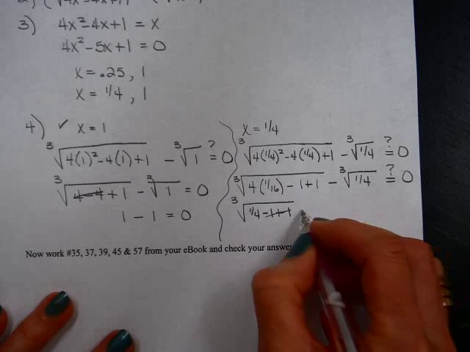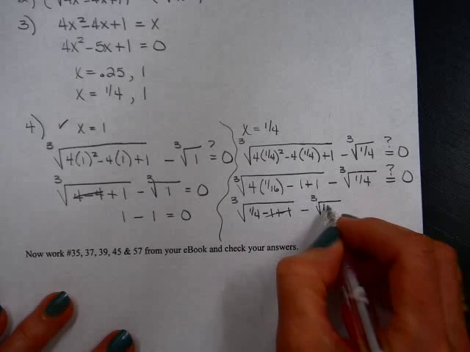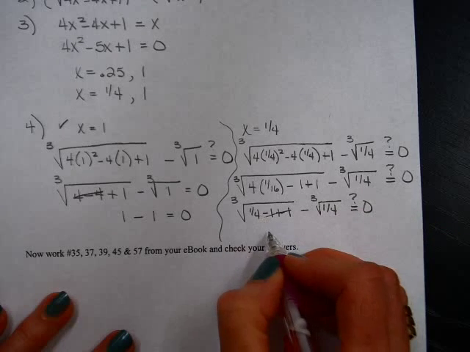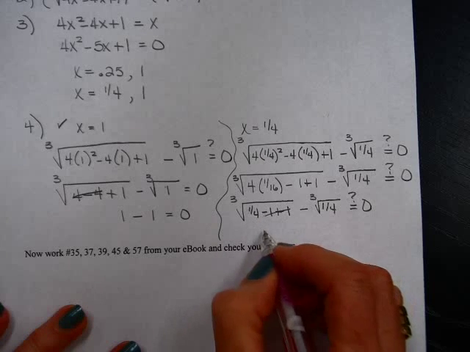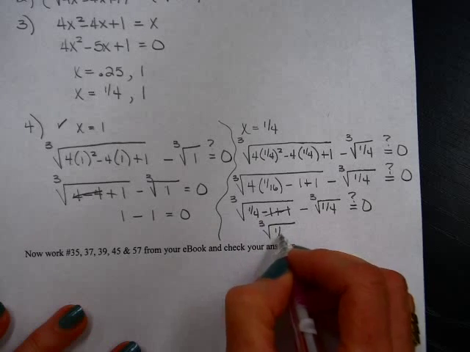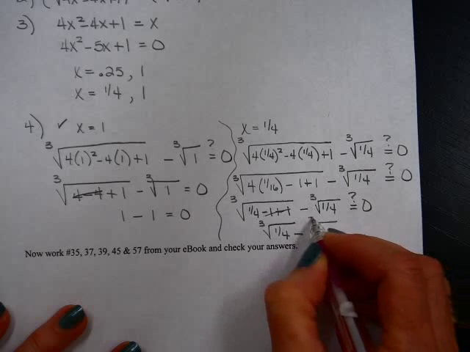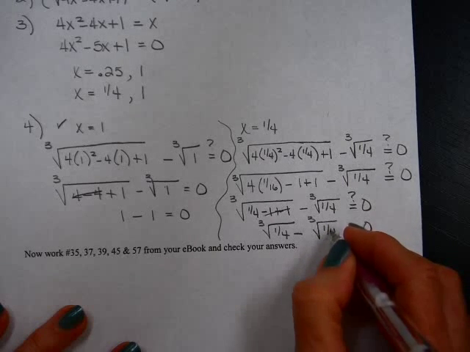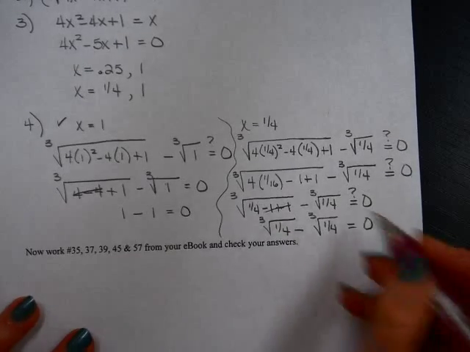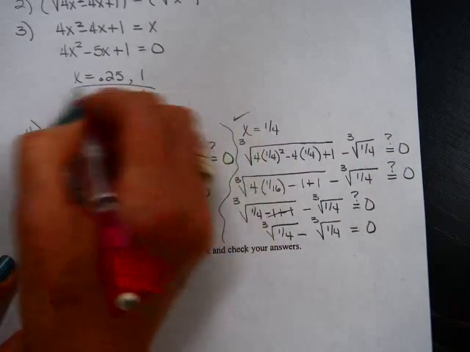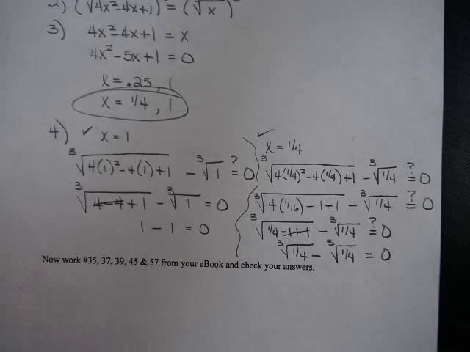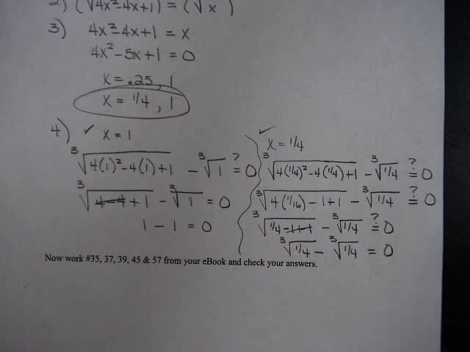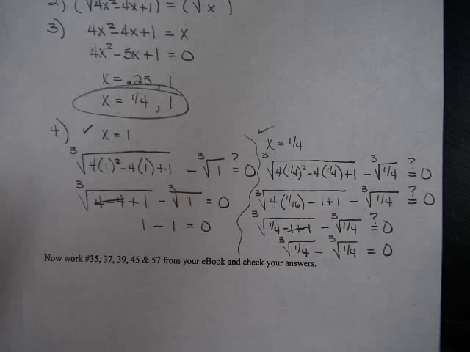So this is going to be the cube root of 1/4 minus the cube root of 1/4 equals 0. That is a true statement. So this checks also, and both of these check. Now you should work these problems from your book to see if you can follow along with all these steps.